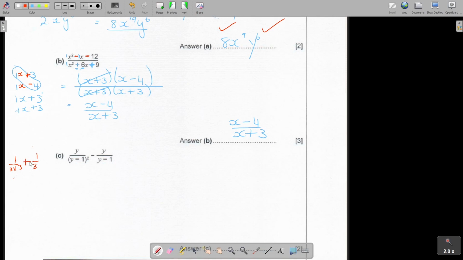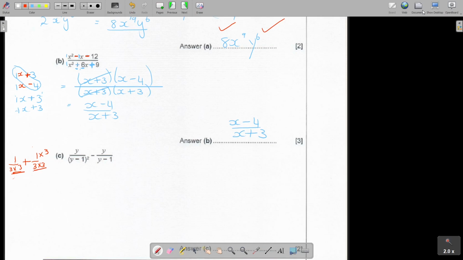You must make the denominators the same. This is actually 6, this is not 3. So you must multiply with another 3 on this side in order that the two sides are the same. And that is the principle that you're going to use.